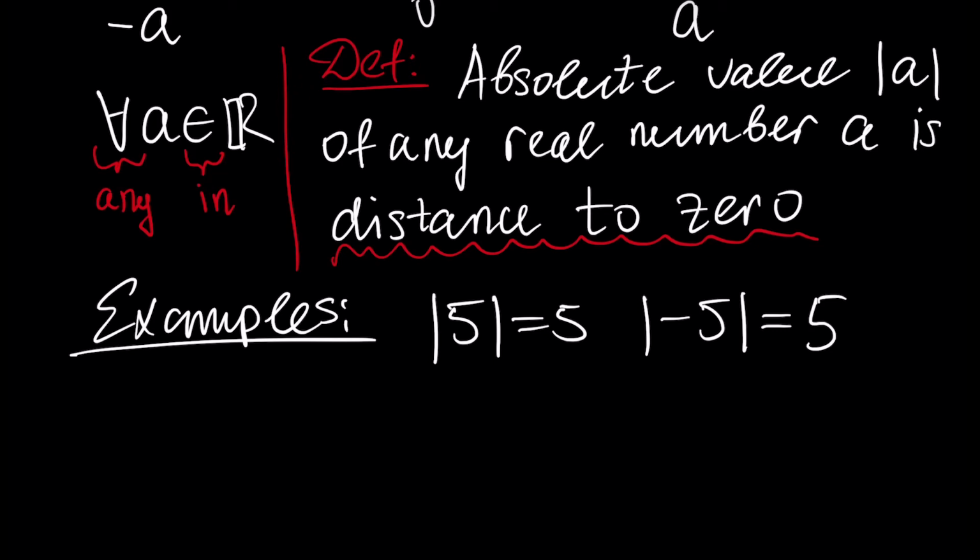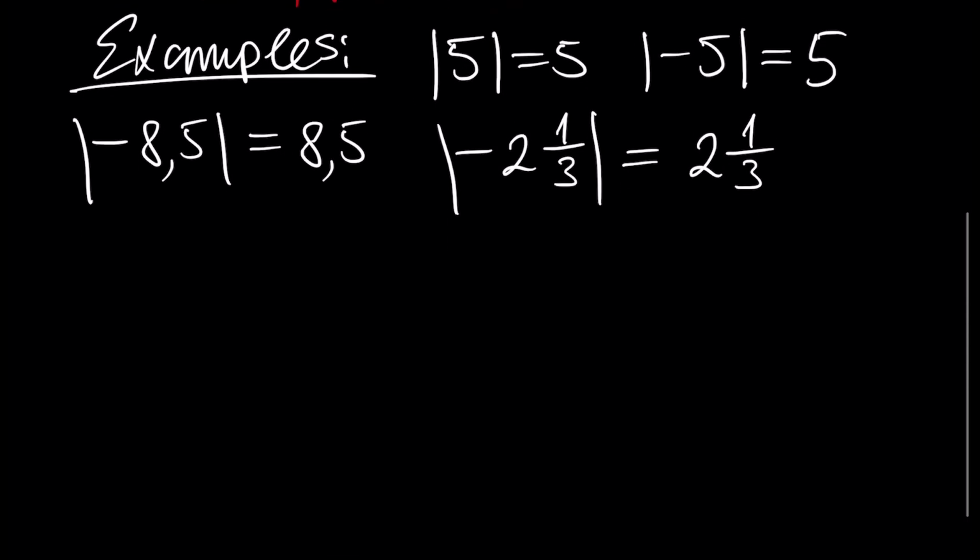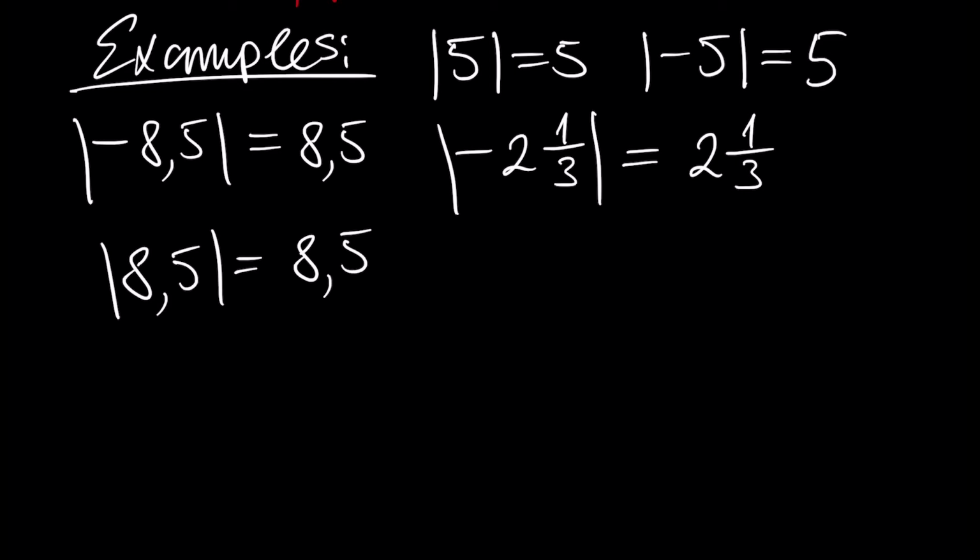For example, the absolute value of minus 8.5 is 8.5. The absolute value of minus 2 and 1/3 is 2 and 1/3. And the absolute value of 8.5 is again 8.5. That's why the absolute value of minus 8.5 and the absolute value of 8.5 are equal.